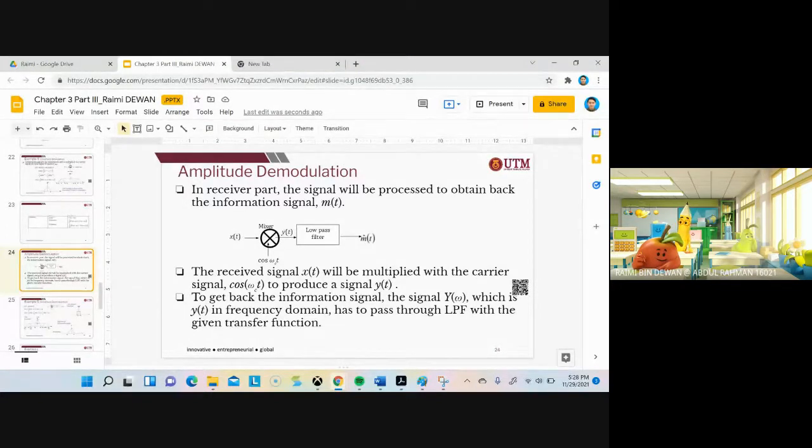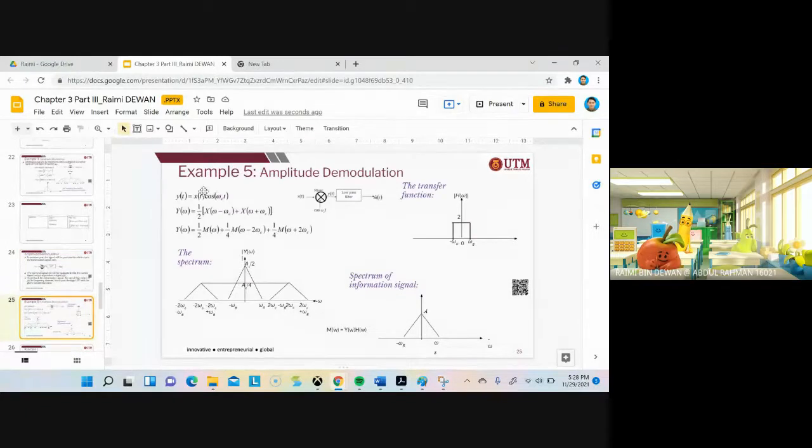You get the yt, which is this one. Then you get your y omega, referred from your table. And y omega is actually half m omega, which is your message, plus a quarter m omega at omega here.